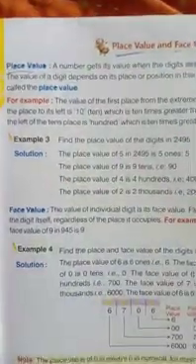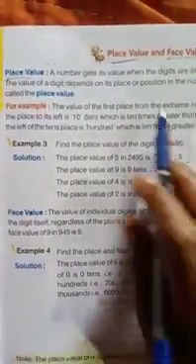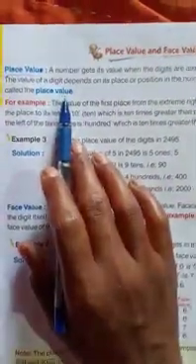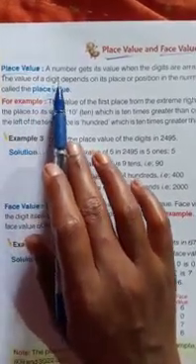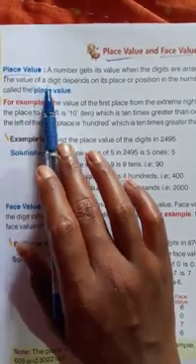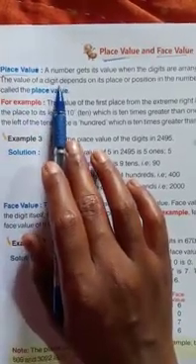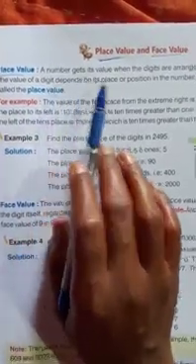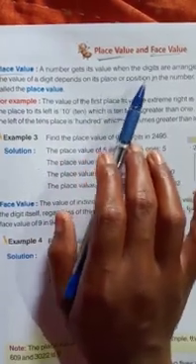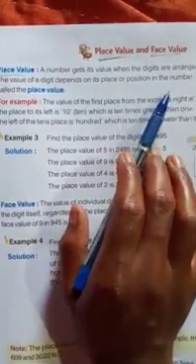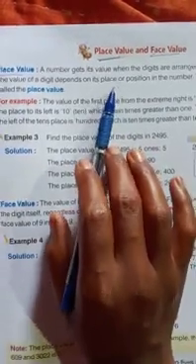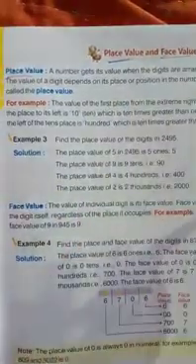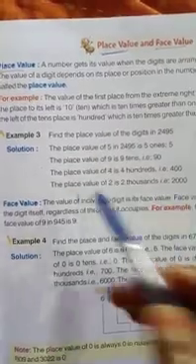So what is the meaning of place value? Place value means the value of a digit according to its place or position in the number, such as ones, tens, hundreds, thousands, etc.